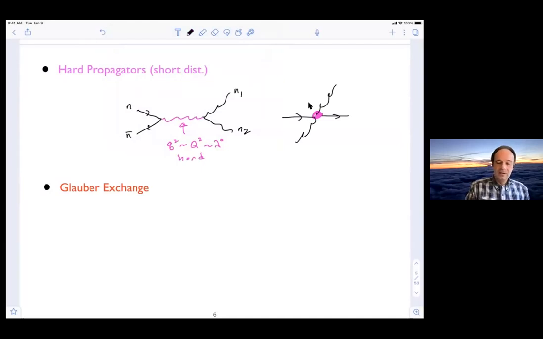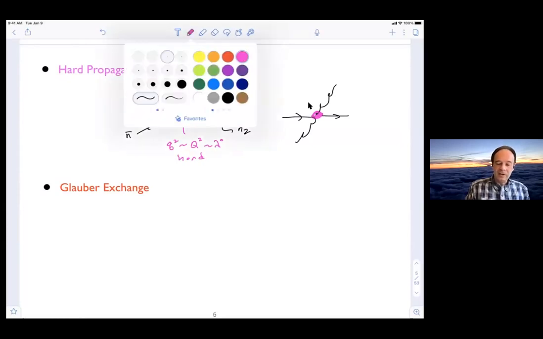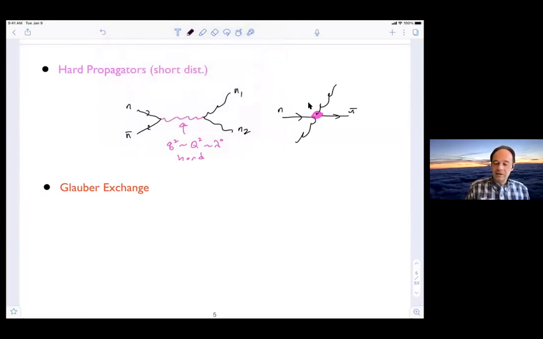So you have these particles which are in different collinear directions. We have the incoming ones, which are in n and n bar, and the outgoing ones, which are in n1 and n2. So 4 different collinear directions, all tied together by the hard interaction, which is this gluon that got integrated out.